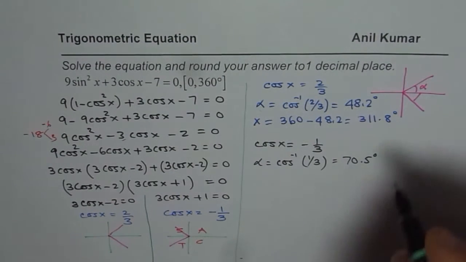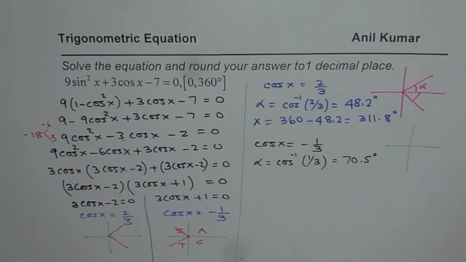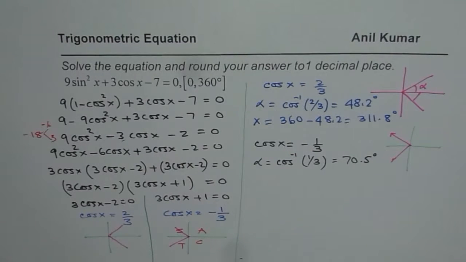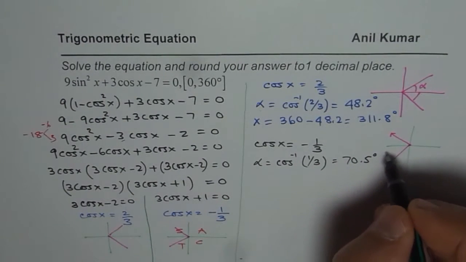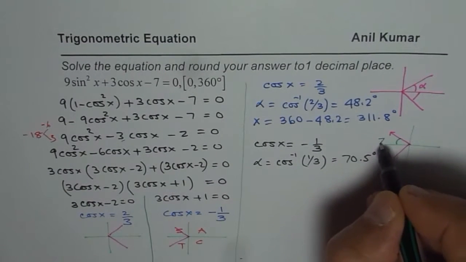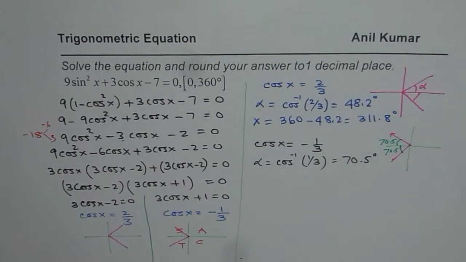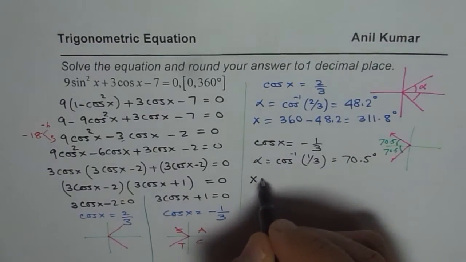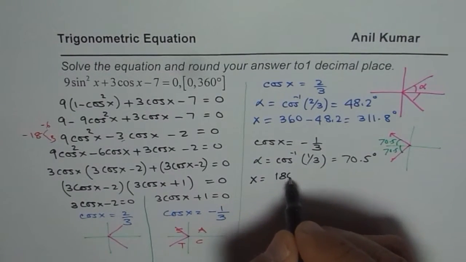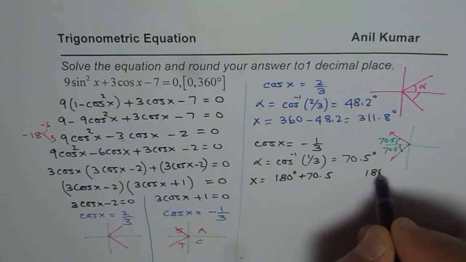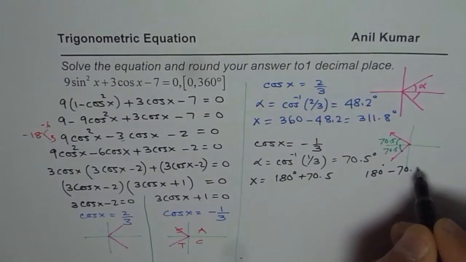As we had seen earlier, cos is negative in these two quadrants, correct? And what we found here is the acute angle, which is 70.5. So that is the acute angle, correct? So what is the principal angle? We'll write x equals 180 degrees plus 70.5 and 180 degrees minus 70.5.